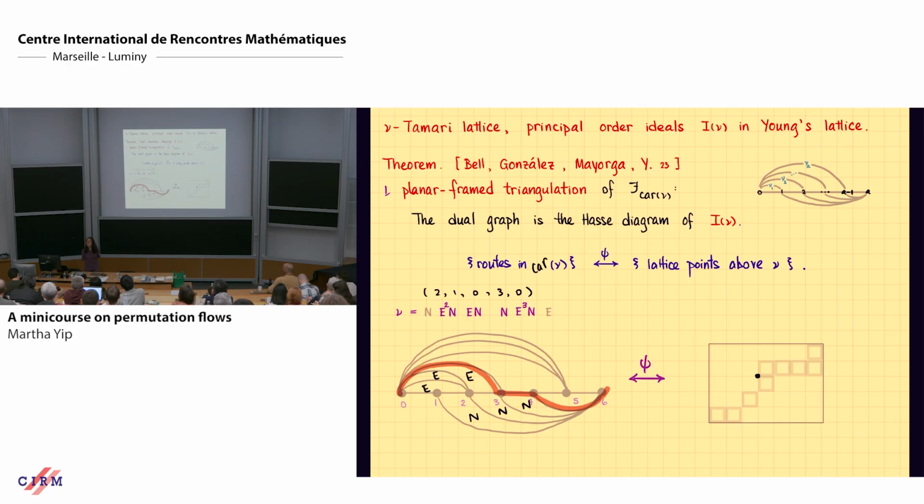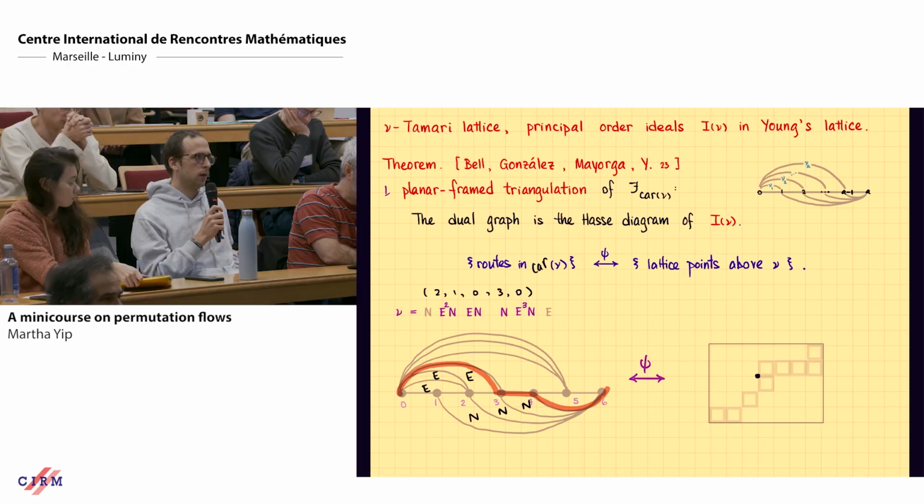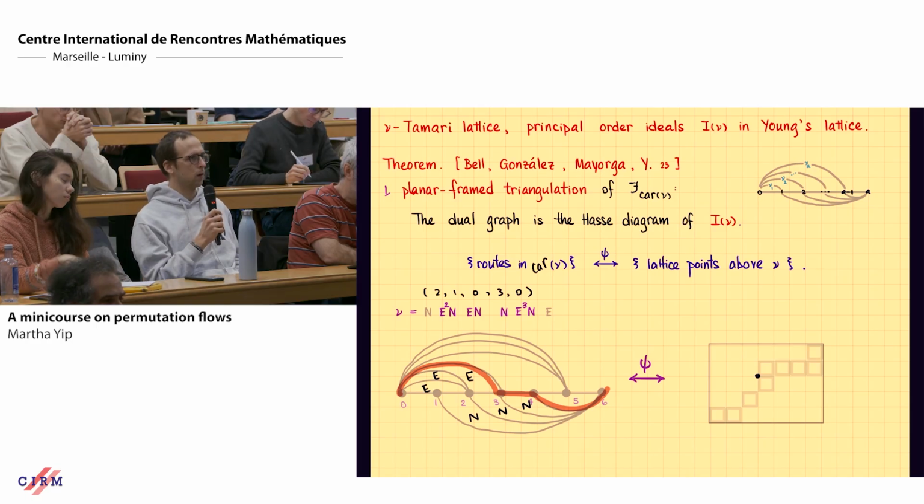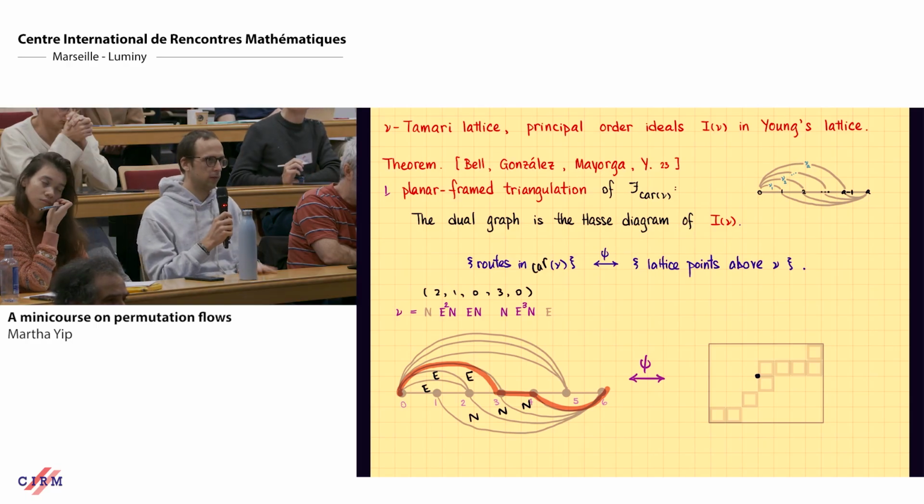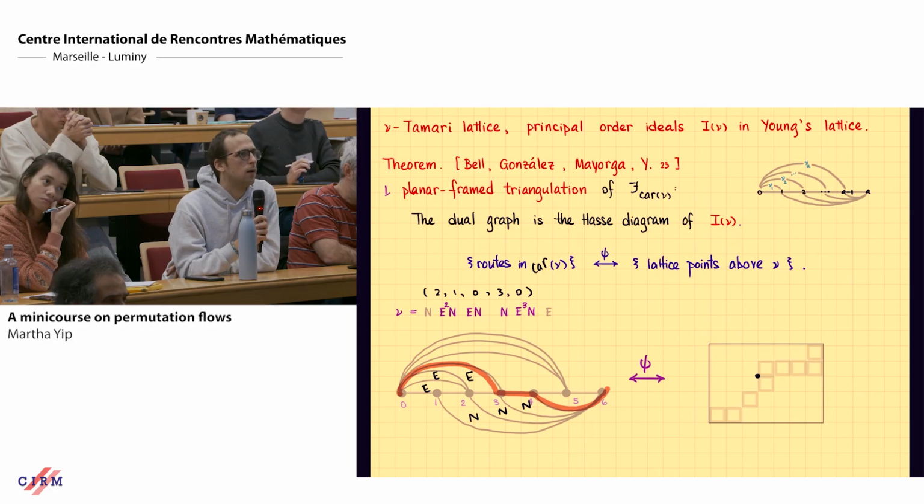No questions? So at a certain point we said that 3 was a direct flow of 0 at 1, something like that.